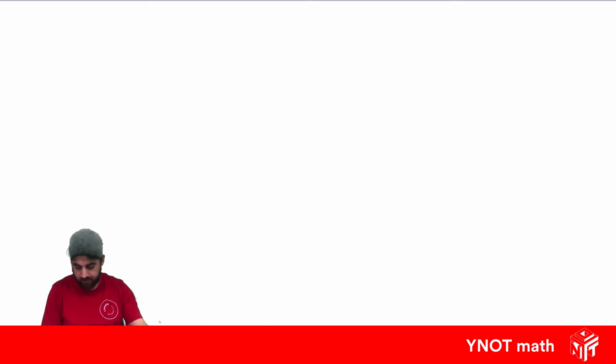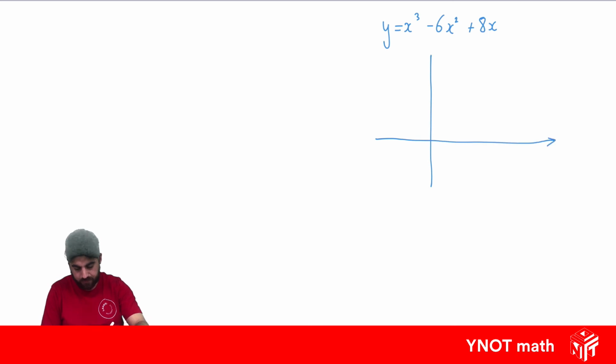So in saying that, let's look at one more example. Let's look at y equals x cubed minus 6x squared plus 8x. And if we graph this out, we'd have x-intercepts at 0, 2, and 4.